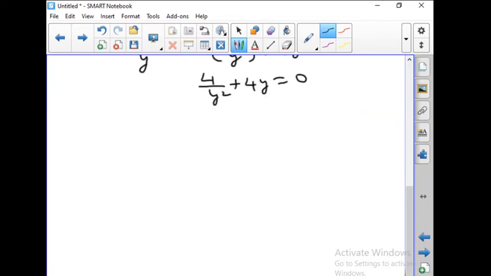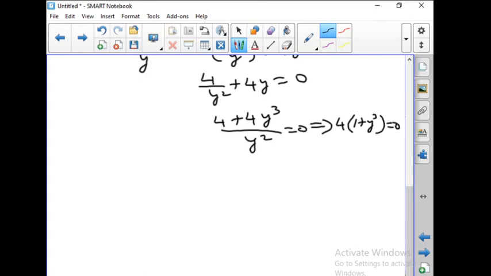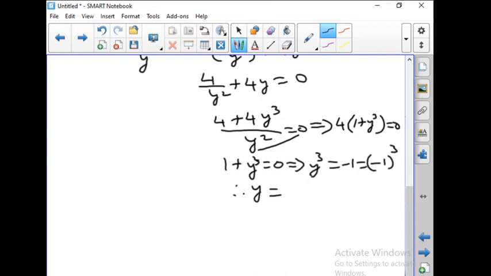Taking LCM, 4 plus 4y cube by y square is equal to 0. Take 4 out common, 1 plus y cube is equal to 0 because the denominator goes off. 4 is not equal to 0, so we leave 4. So 1 plus y cube is equal to 0. That gives you y cube is equal to minus 1, so minus 1 the whole cube. So y is equal to minus 1.